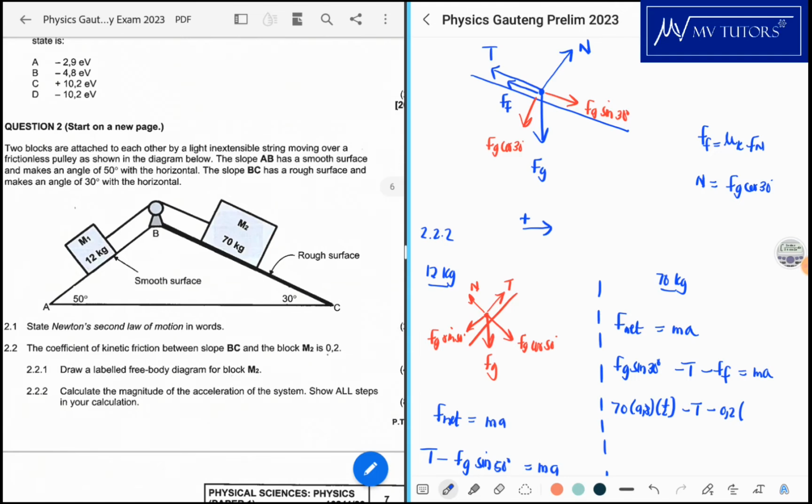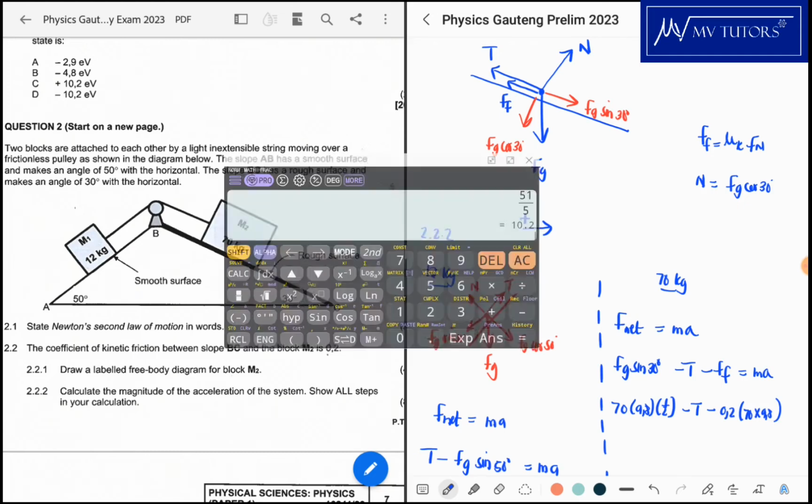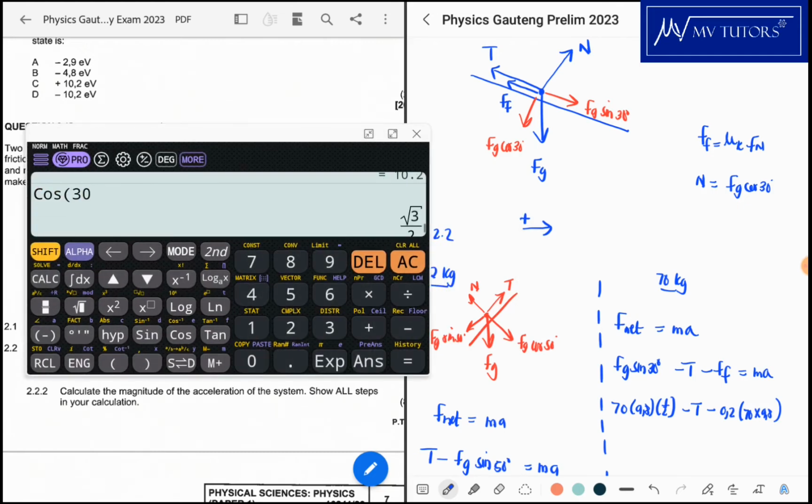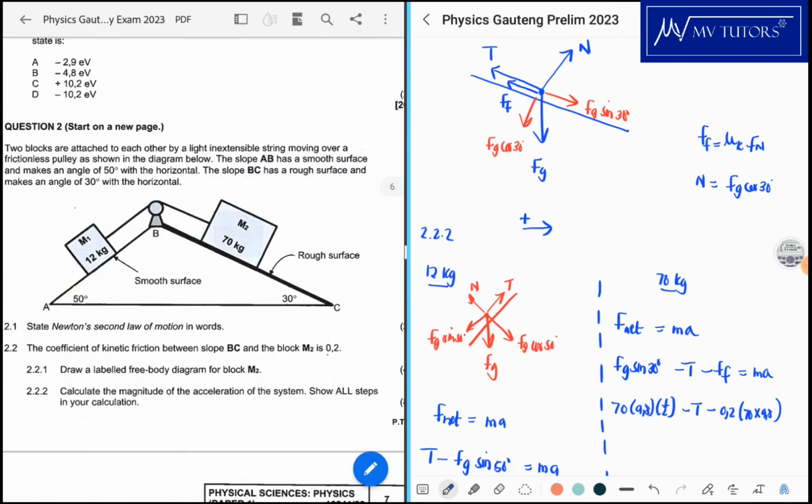Let's see how we fit all of that. Fg, 70 times 9,8, and then cos 30 degrees is root 3 over 2. Now let's just check. Yes, root 3 over 2.